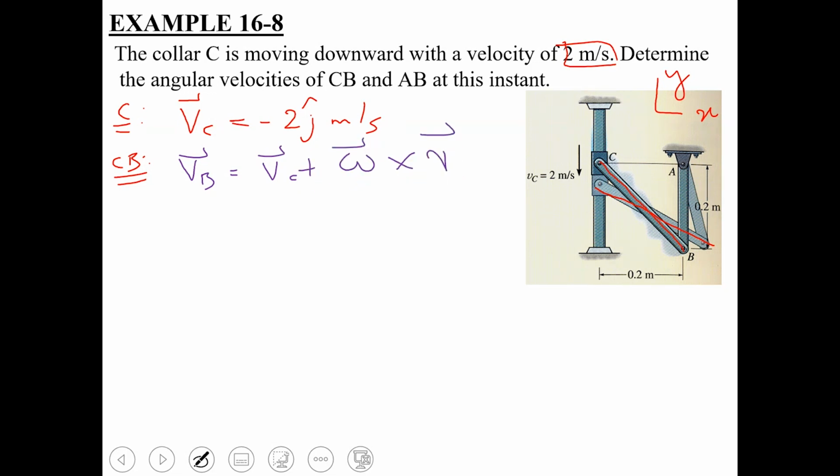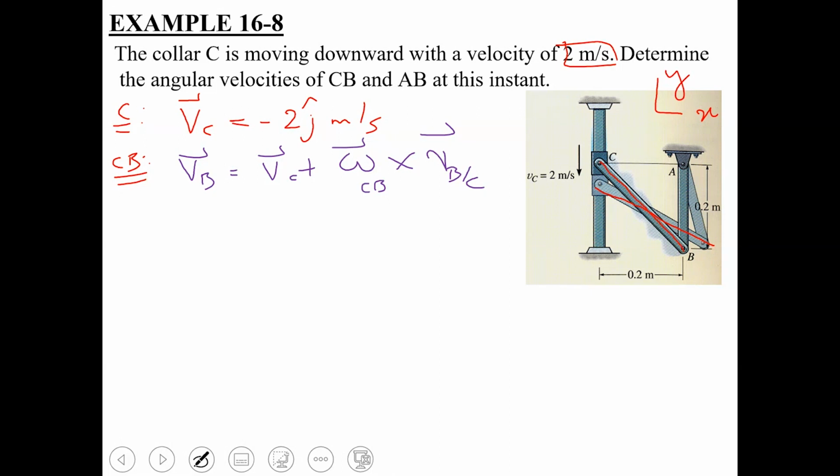Both of them are vector quantities. Here omega represents the angular velocity of this link CB, whereas r represents the relative position of B with respect to C. So the overall relative velocity equation would become VB equal to VC plus omega CB cross r BC.